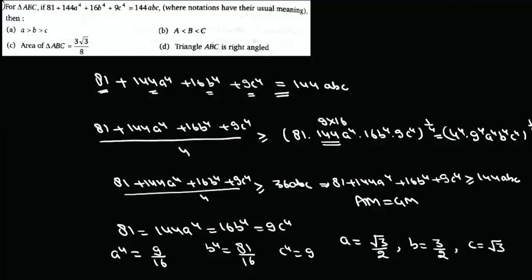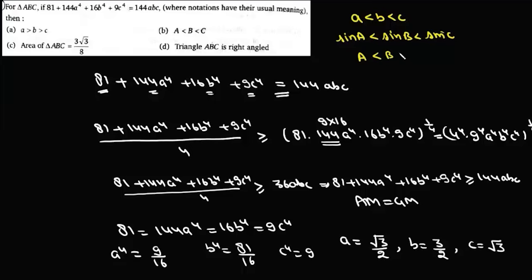Now clearly we can see that a is less than b and is less than c. So sine A will be less than sine B and it will be less than sine C. And since sine is an increasing function and all these values are positive, the angles will lie in the first quadrant. So angle A will be less than angle B and will be less than angle C. So that means option A is incorrect and option B is correct.